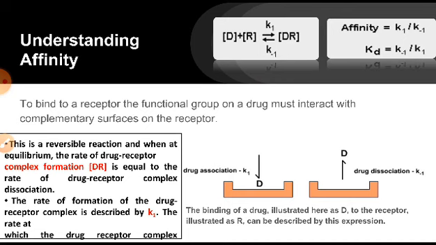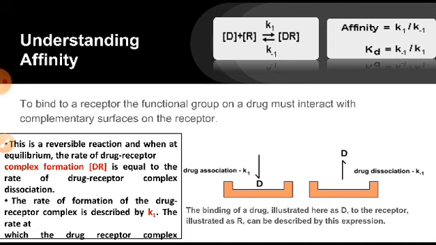You can see in the top portion, D is a drug, R is a receptor, and D and R get in touch with each other and give DR, the drug receptor complex. In this you have two rate constants, K1 and K minus 1, because K minus 1 shows the reverse direction, right, meaning DR gets dissociated again.